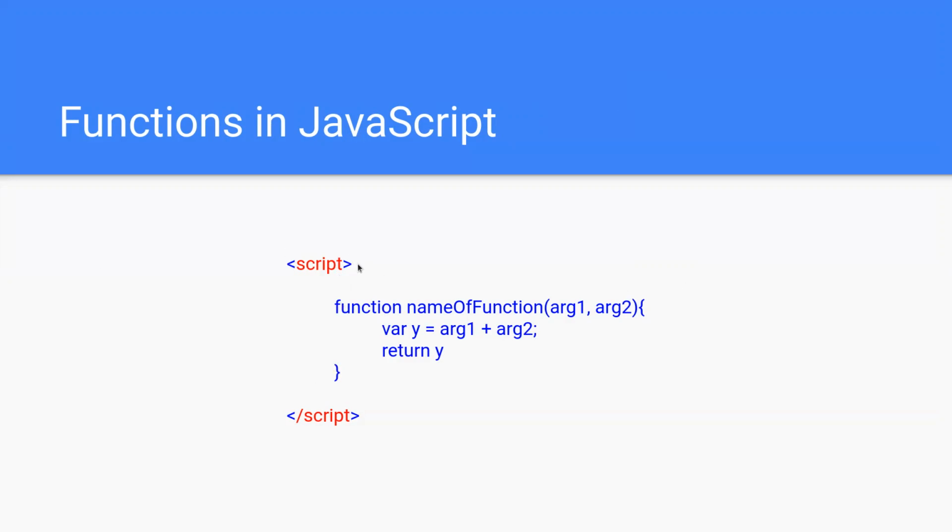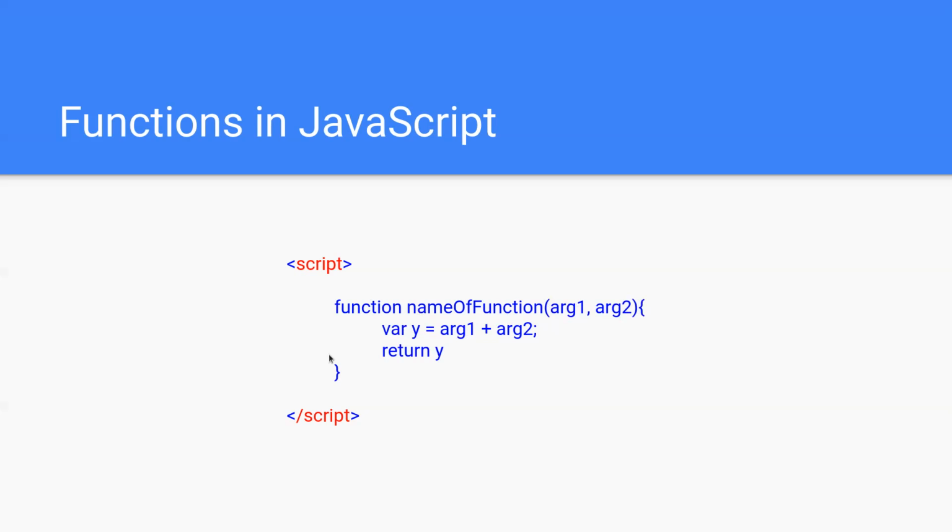Next, when you want to create a function, you write the keyword function followed by a name of the function. Then there are parentheses after that. Inside the parentheses, you can define your own variables. So you can name the variables anything. Next, there will be curly braces inside which you have to define the operations that happen when this function is called.